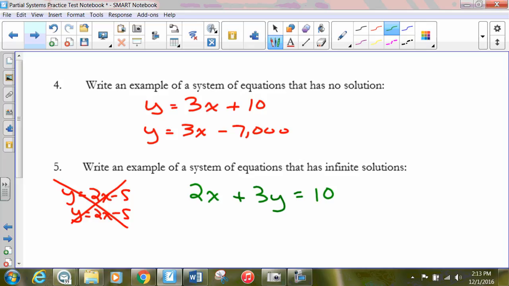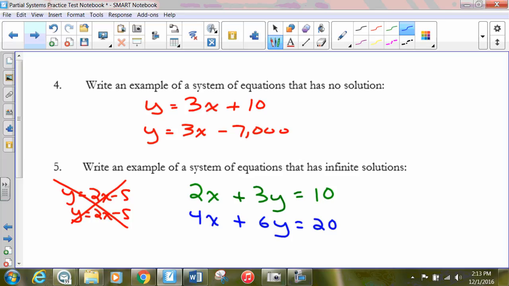And then if you want to write another line that's the same line as that, but that looks different, you pick a number to multiply it by. So I could pick like a 2 or a 3 or a 10, just something easy to multiply by. So I'm going to pick 2. So 2 times 2x is 4x, 2 times 3y is 6y, and 2 times 10 is 20. So when you see these 2 lines, they look different.